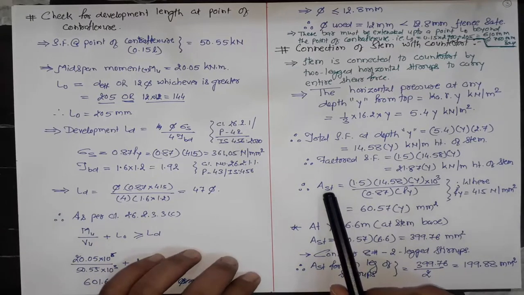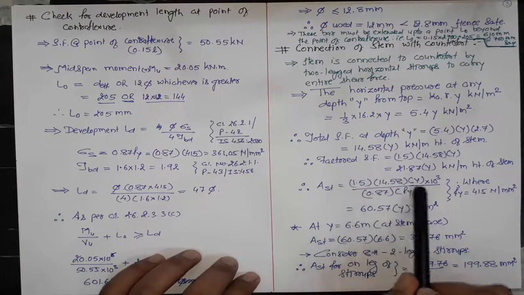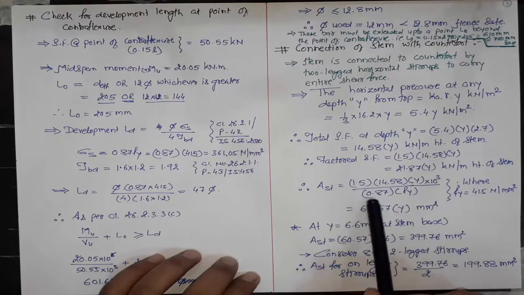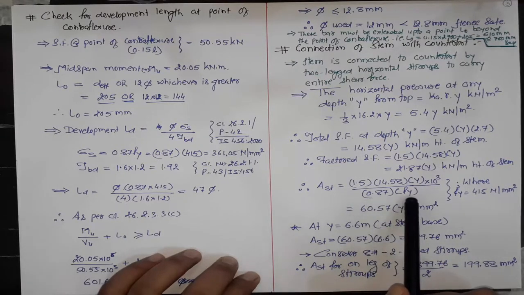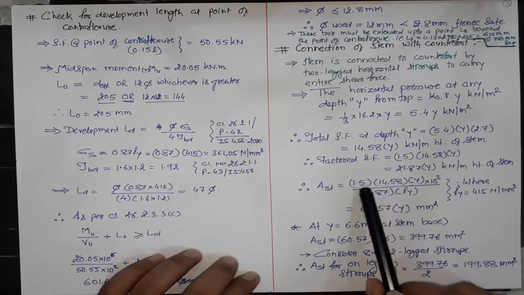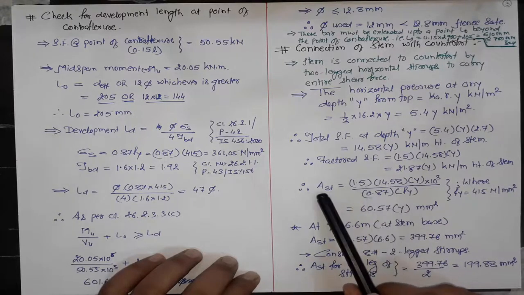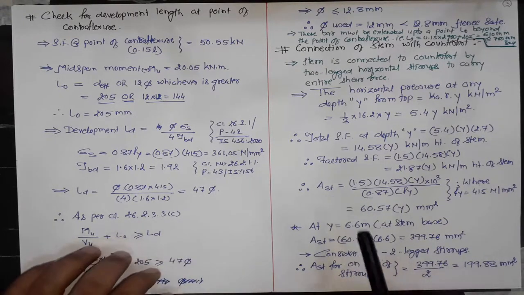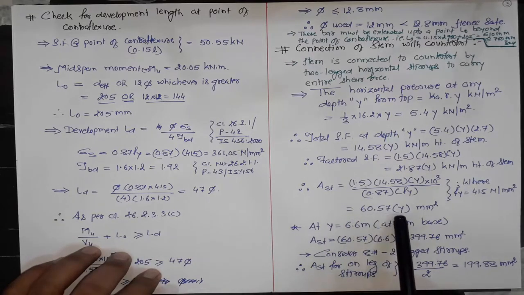Therefore, Ast required will be shear force divided by stress into stress factor. Fy is 415, the yield stress of our steel, and this is the stress factor. This gives the area of steel required, which comes out to be 60.57 y mm square.